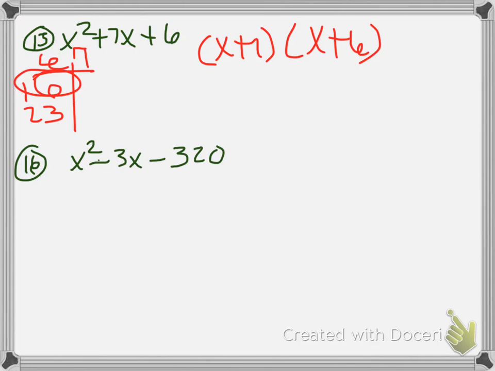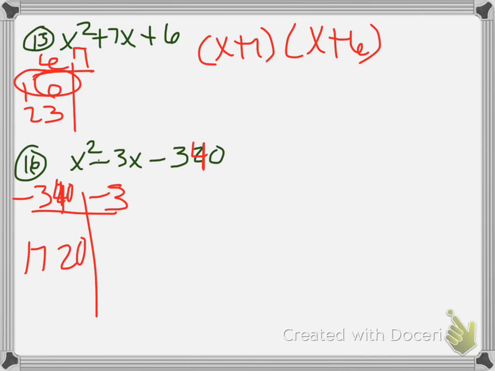Now, this one was a pretty big one. Negative 340. What are my factors of negative 340? Was it 340 or 320? 340. Oh, my bad. Okay, so 340. So my factors that would give me a negative 340 and add up to negative 3 would be 17 and 20.